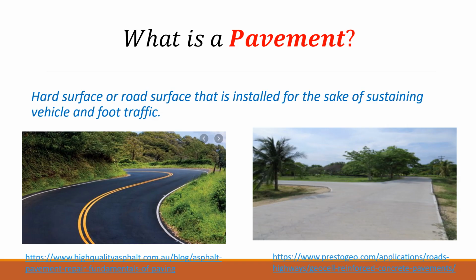So just by looking at them, you can figure out which one is what. Which one is what? Yes, one is flexible. Which one is the flexible pavement? Yes, so this one is the flexible pavement, and this one is the rigid pavement. So now you know when you go on the road, you know which one is what.